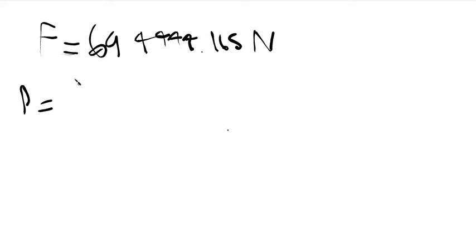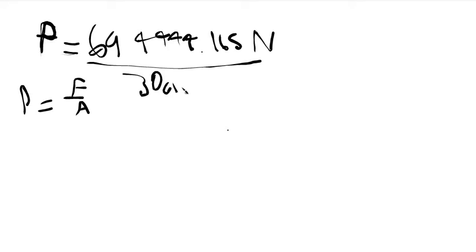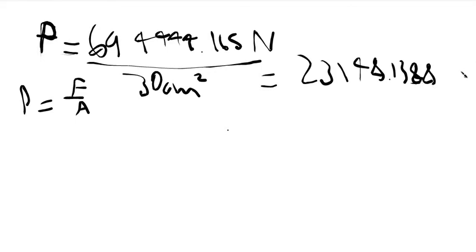P is equal to F divided by A. The area was 30 centimeters squared, which would be, here, we'll do P is equal to this divided by 30 centimeters squared should equal, oh my, okay, we get 23,148.1388 pascals.